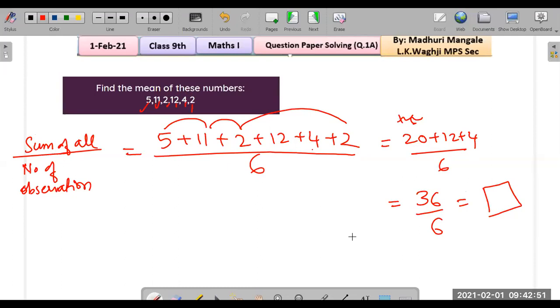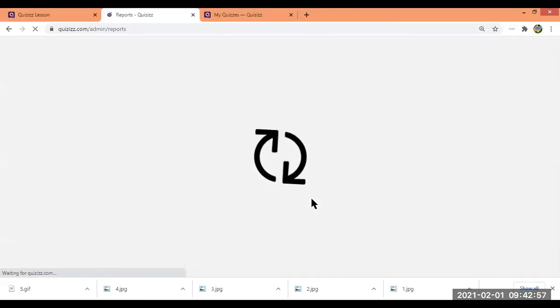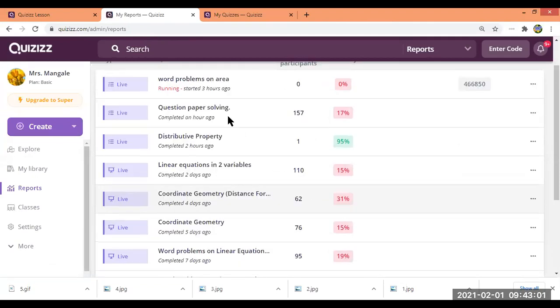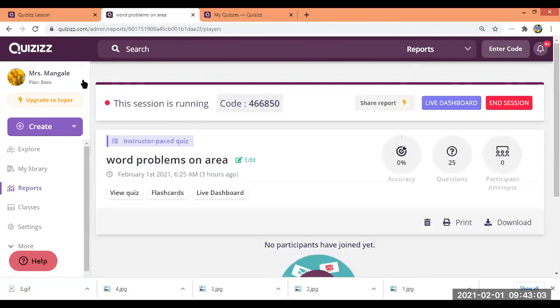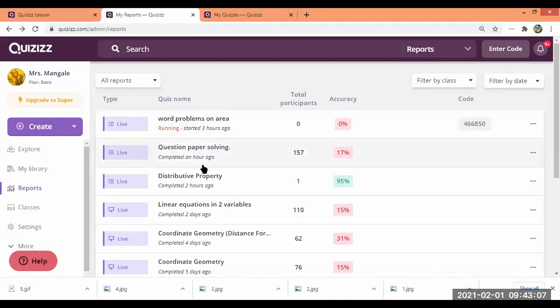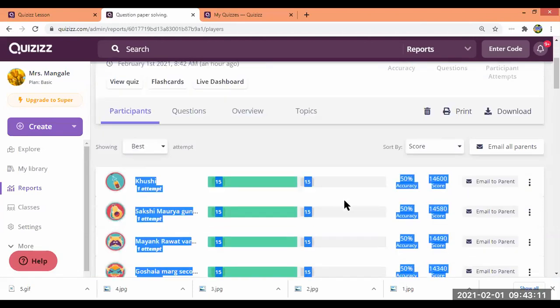Here on my screen, I'm going to end this. Let us see the top participants, the top 5 or top 10 names. Just a minute, students. Question paper solving. This one, and let us see the names.